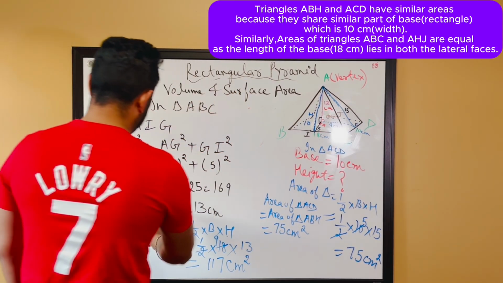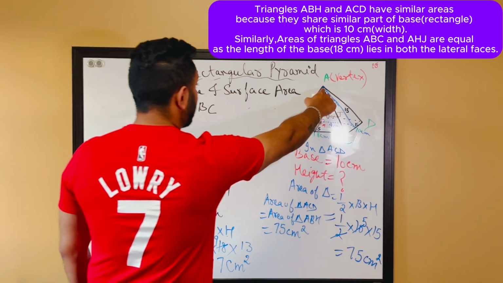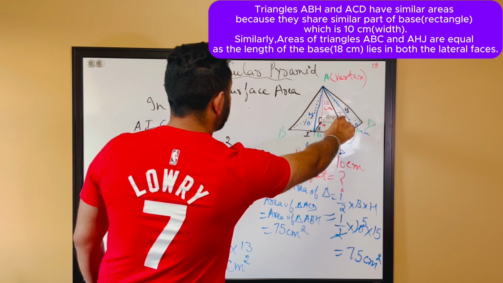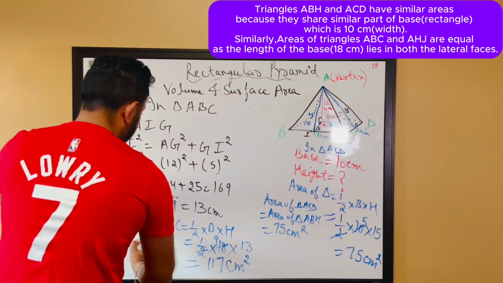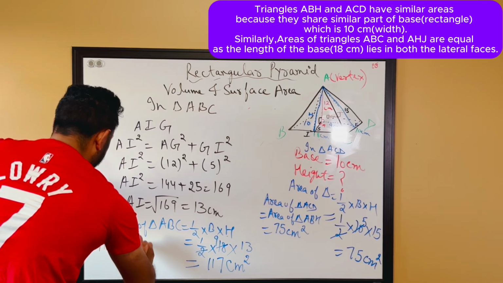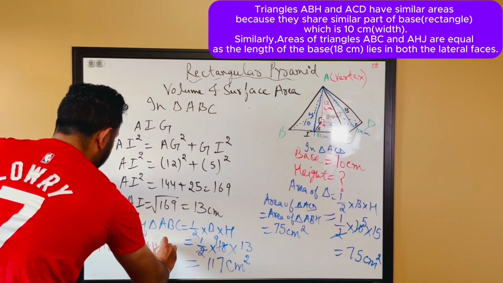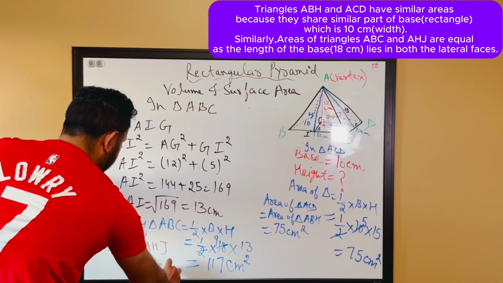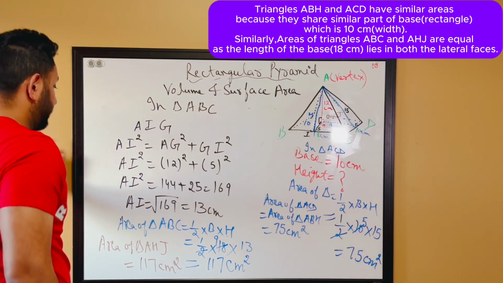So the area of triangle ABC and the area of the back face AHJ are gonna be same, 117 centimeter square.